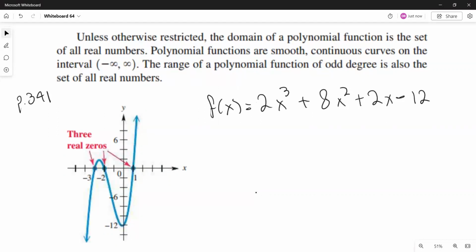So this is a polynomial of 3rd degree. And in factor form, this is the exact same as 2 times, remember, the leading coefficient is going to be the same, 2 times x minus 1 times x plus 2 times x plus 3.